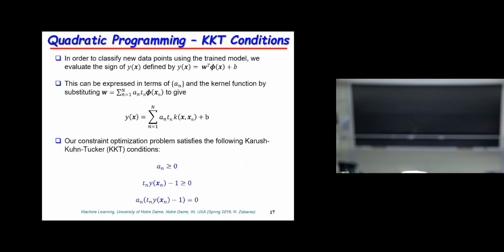Remember when I did the optimization with respect to w, I got this. So w is the summation of alpha_i t_i times phi of x_i. If I plug this into my equation for y of x, then what I get is y of x is the summation of alpha_n t_n times the kernel defined at the locations x and x_n, plus b.